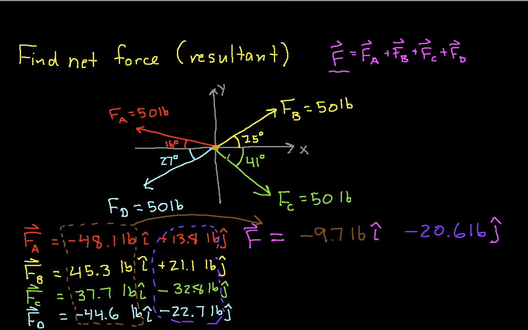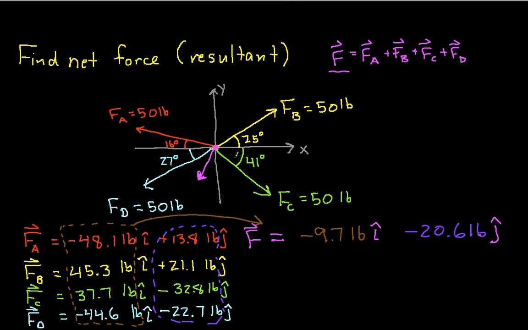So if I were to graph this, I would get something that looks about like this. And you can see that this really does look about like what we expected our answer to be from doing this graphically.